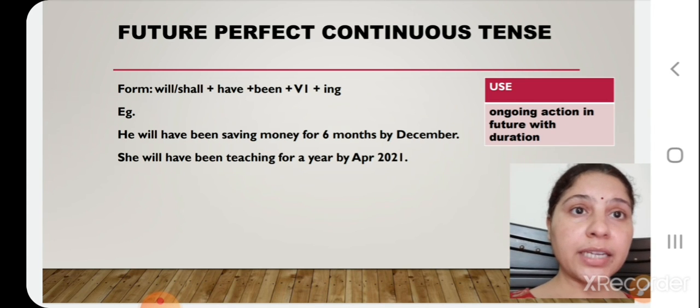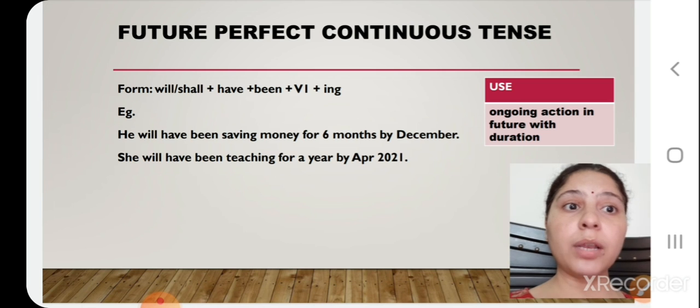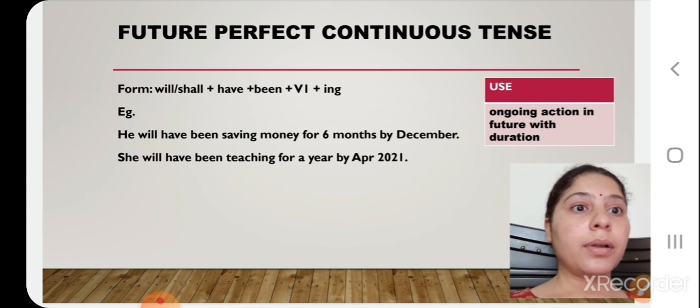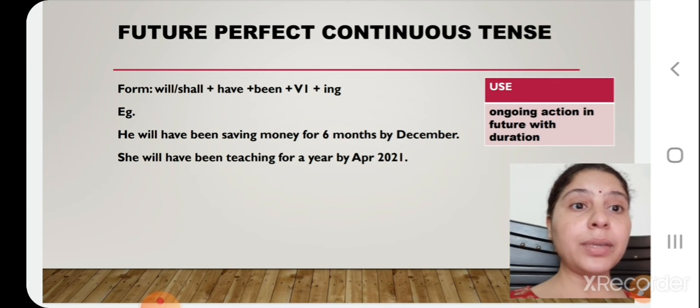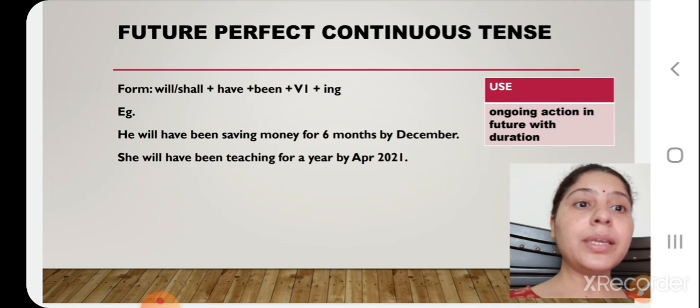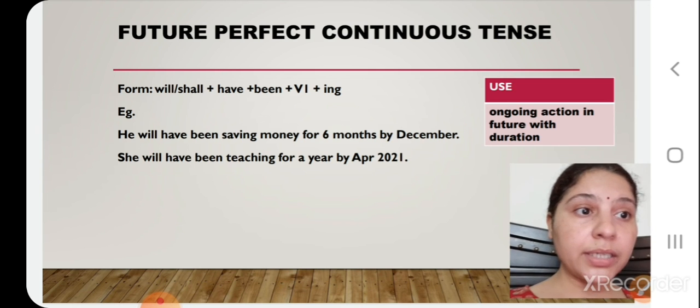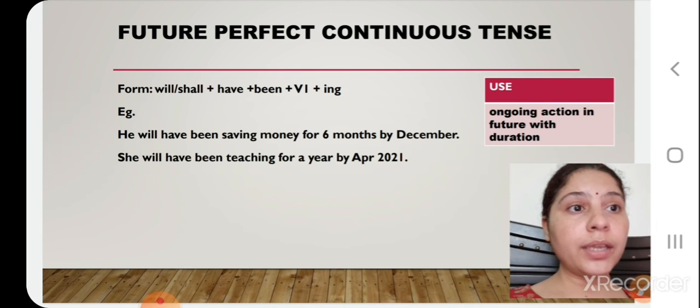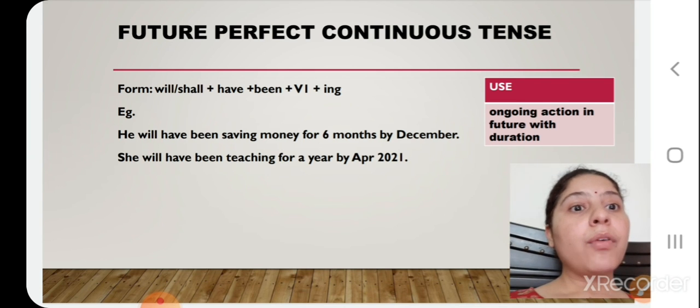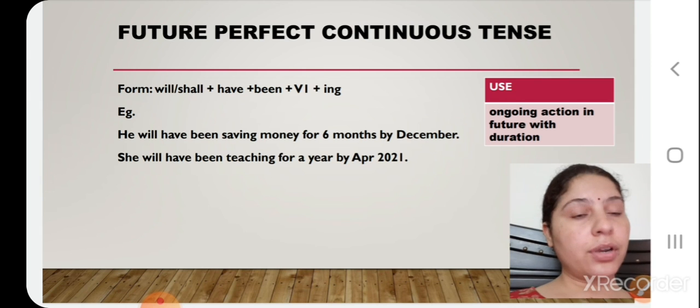Future perfect tense means that this activity will be completed. Like she will have taught for a year by April 2021. So that means 1 year will be completed of her teaching. Here it means it is an ongoing action that will further be continued after April 2021.